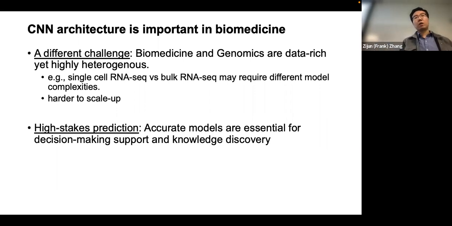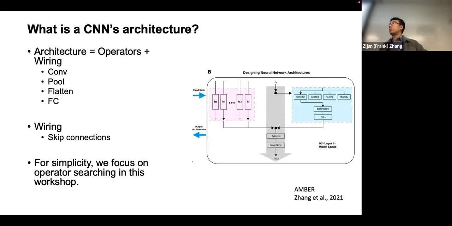So after talking all about those CNN architectures, we haven't really given it a formal definition. So what is actually a CNN architecture? As far as this workshop is concerned, the architecture can be mostly separated into two components, right? So the first one is operators.